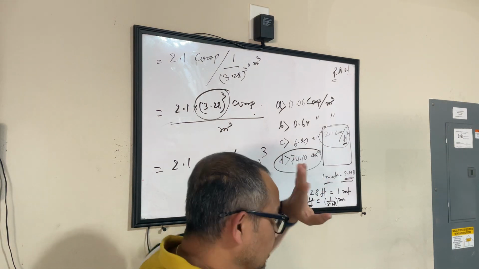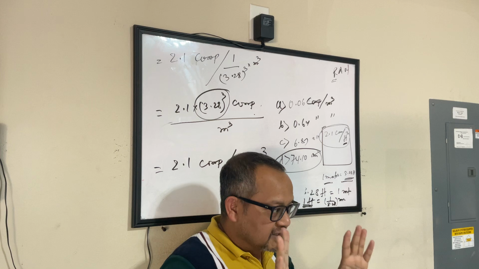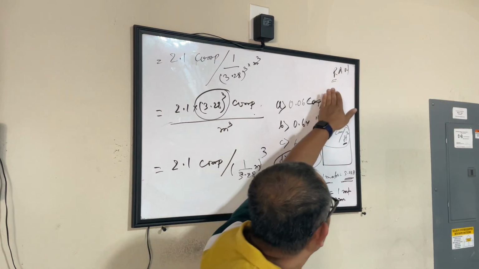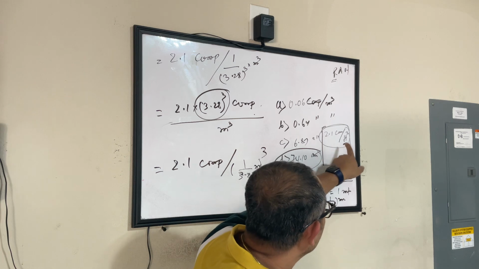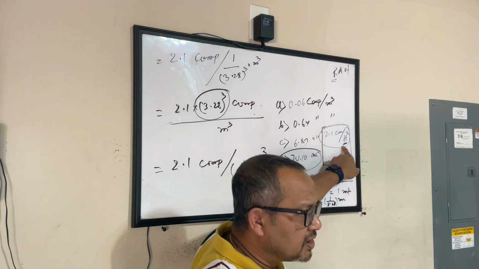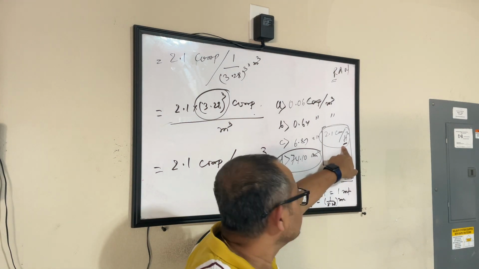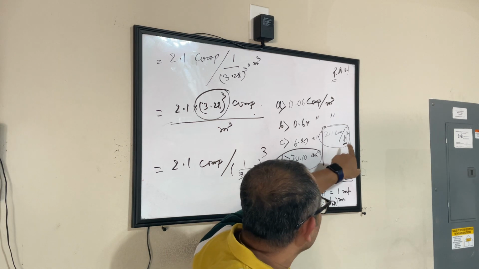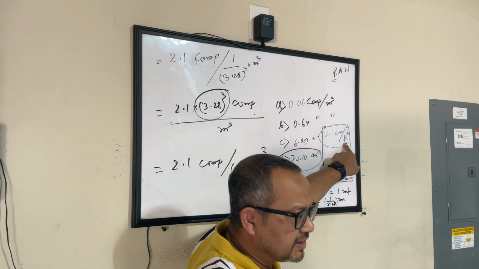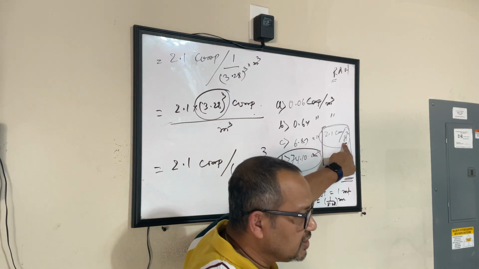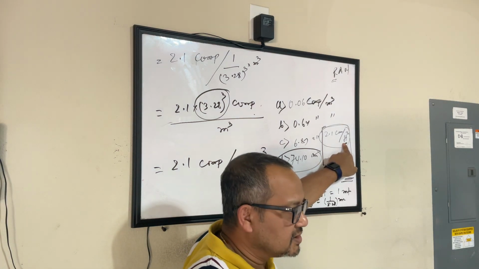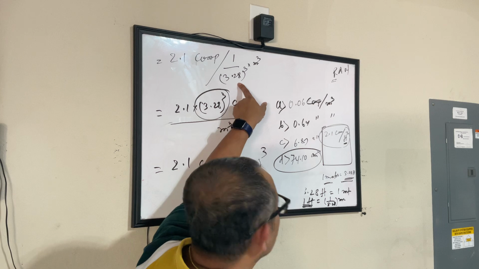I did not put that much thought even, trust me. I read the question, I know what the question is asking. It's asking me, okay, per cubic foot this many, then per cubic meter how many? So wherever I have feet, I convert that to meter.